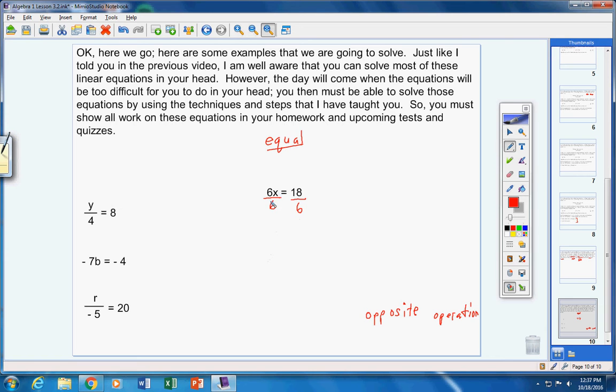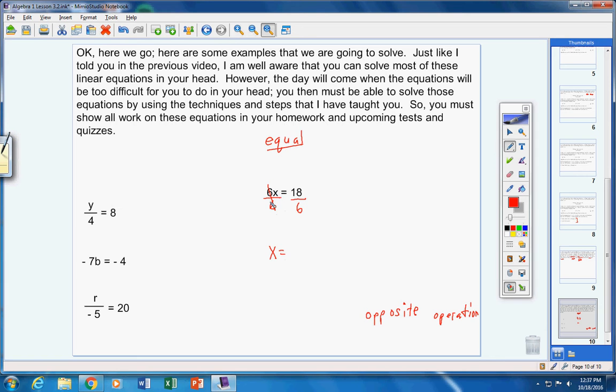Now, why did we divide by 6? Why didn't we divide by 5 or 18 or 2 or 10 or 3? Here's why. What number are you trying to get rid of so the x is all by itself? You're trying to get rid of the 6, correct? So whatever number you're trying to get rid of, that's what you divide by. So here, your 6's cancel, and look at that, x is all by itself.